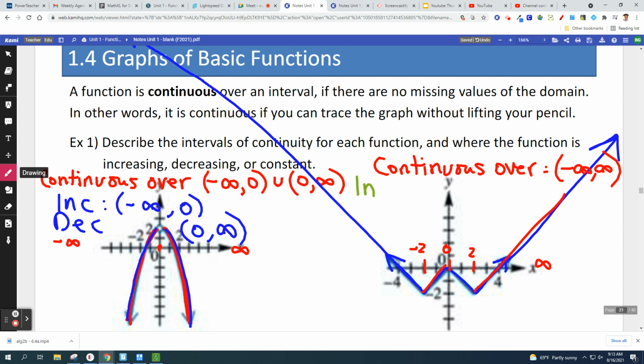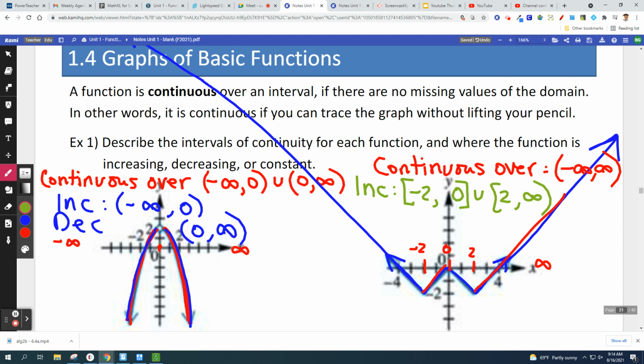It's increasing bracket -2 to 0. And it's a bracket this time because you could actually equal those numbers. Unioned with bracket 2 to infinity parentheses. That's the part of the graph that's increasing.